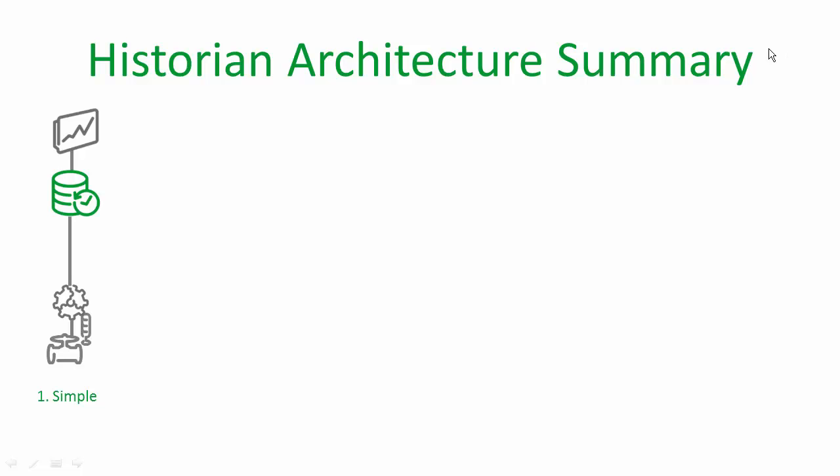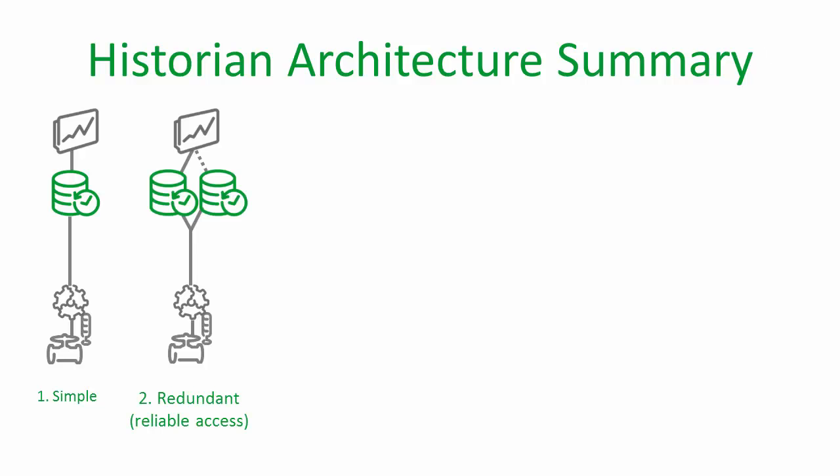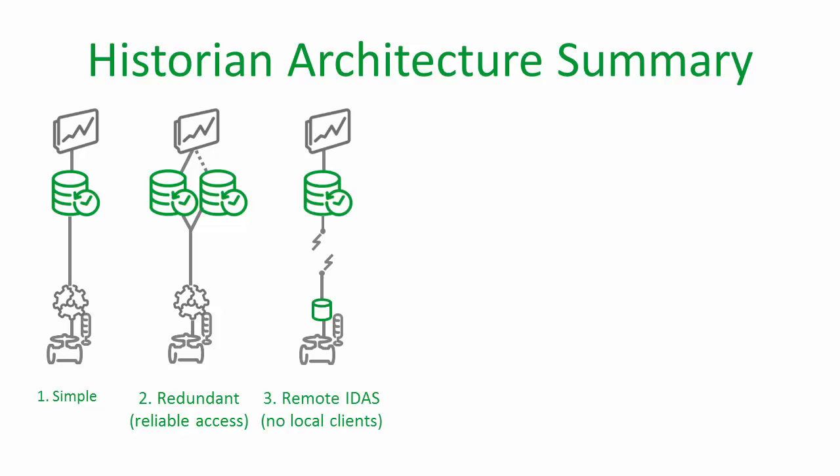So, a brief review of all the historian topologies. They're the simple traditional ones where I just have a single historian, might be on the same computer as the actual device interfaces. Next, redundant historians. So here I can send data to two historians. It's highly available.